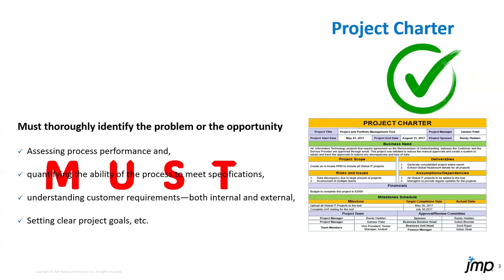That's why we must strive to understand the problem before we go for the project charter. We need to assess the process performance to quantify the ability of the current process to meet our spec requirement, to understand our customer, either internal or external, and to set a very clear project goal. How much we can go in what time zone, and so on and so forth. All of those are things defined in the measure phase, right?